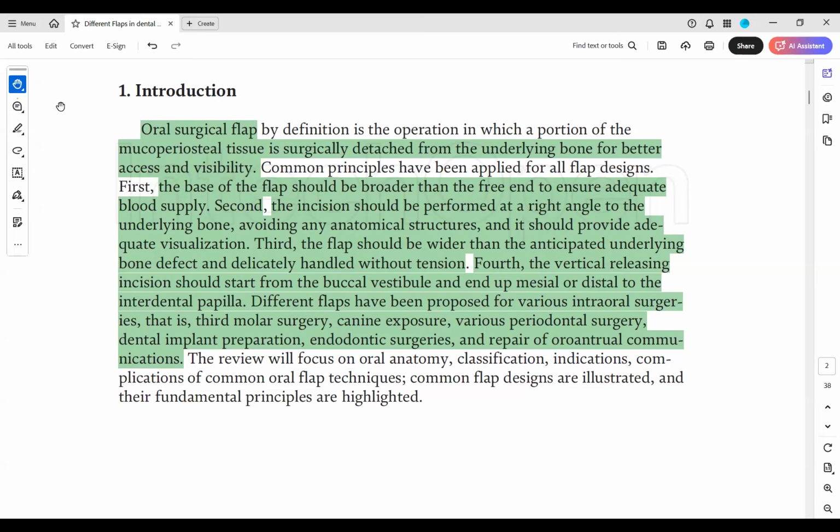So, how do we handle the missing or impacted canines in situations where orthodontic traction is planned? You will have to first surgically expose the canine and then orthodontically bring it down and align it.